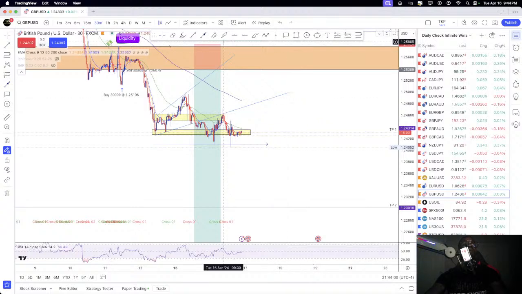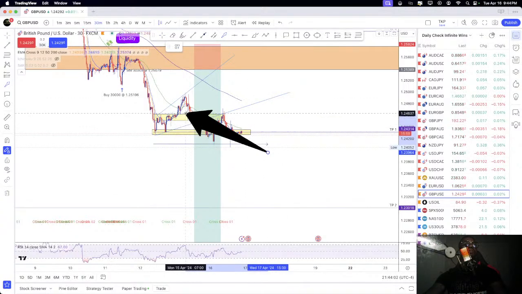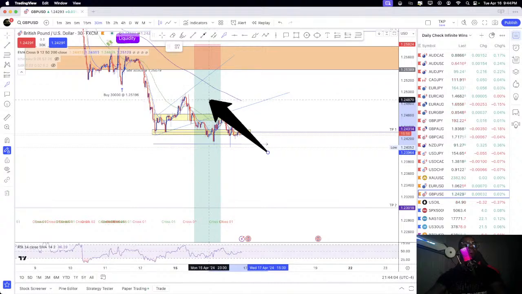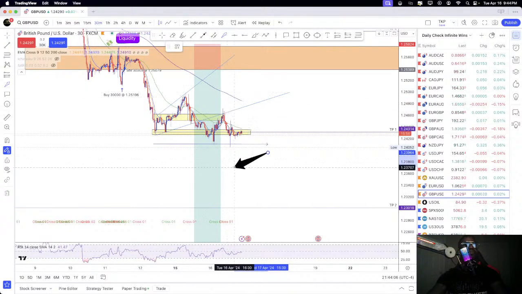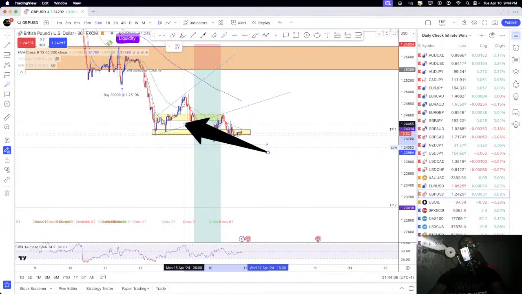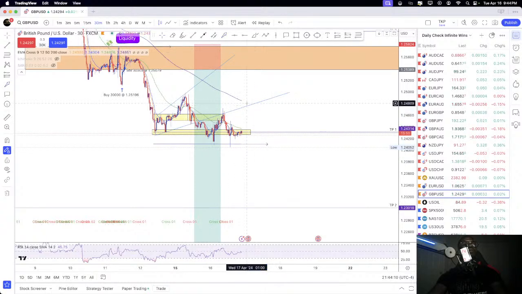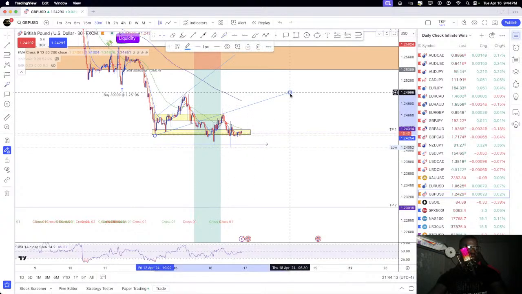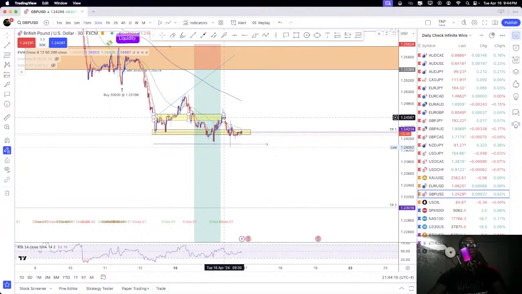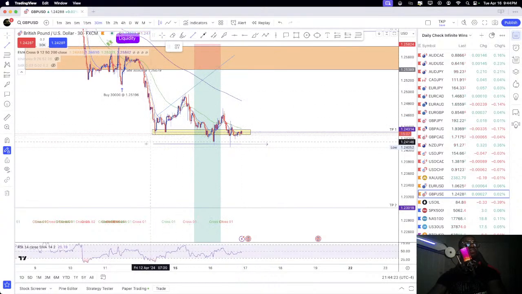All right, I was expecting more of a rising wedge from this move here before price continued that downtrend, but it broke, right? It broke early. Now, it doesn't mean that it won't continue to be a flag. It's just not the flag pattern that I was looking for.